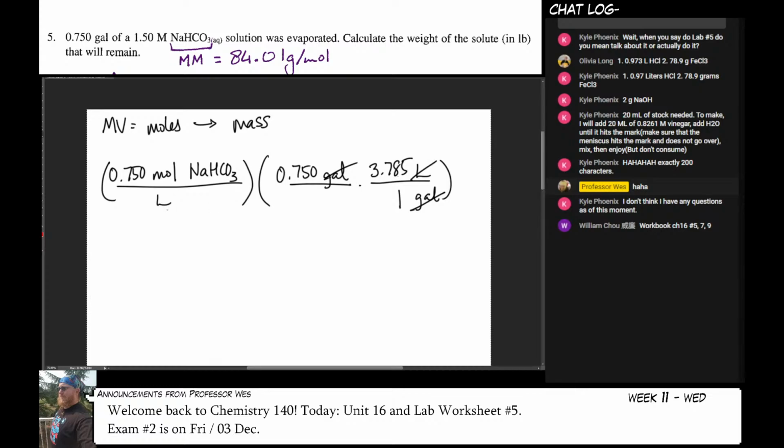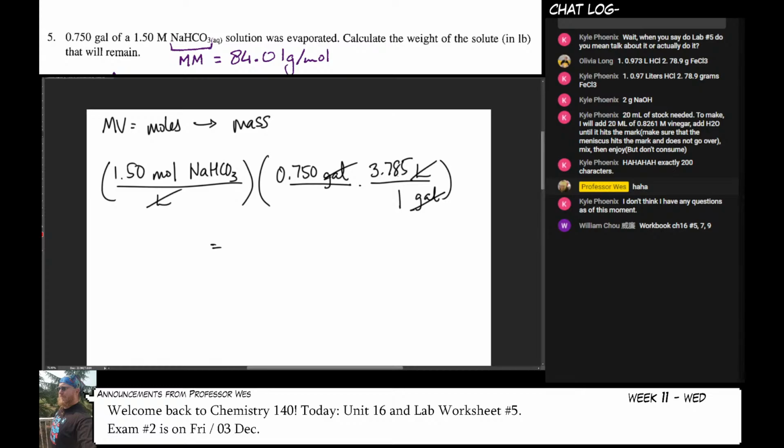So these units will cancel out. And I just realized this number is wrong right here. Where'd my problem go? There we go. Okay.